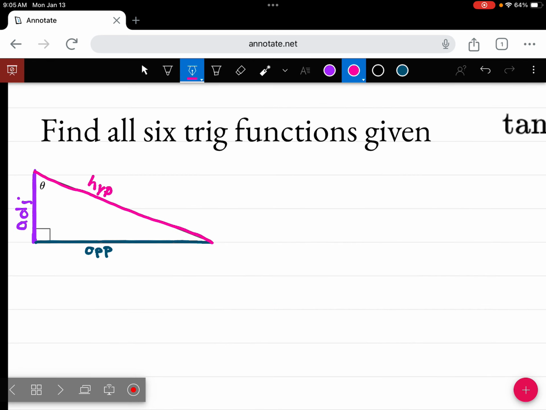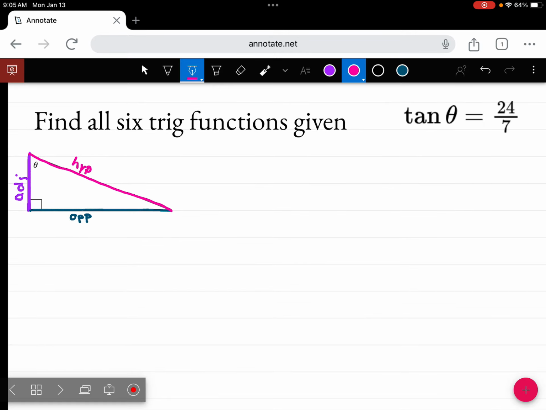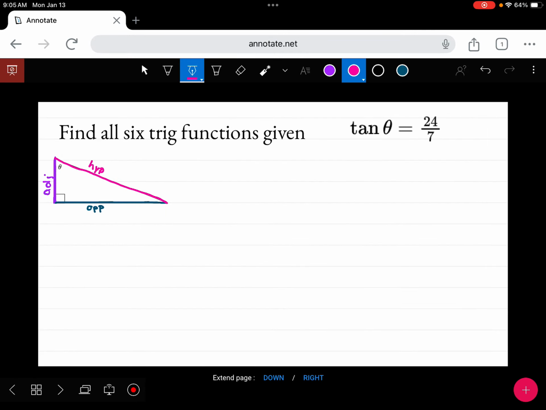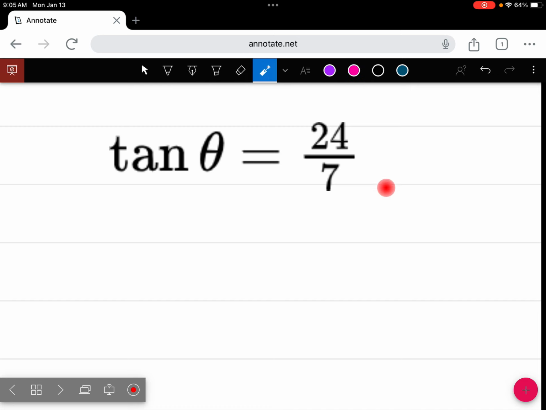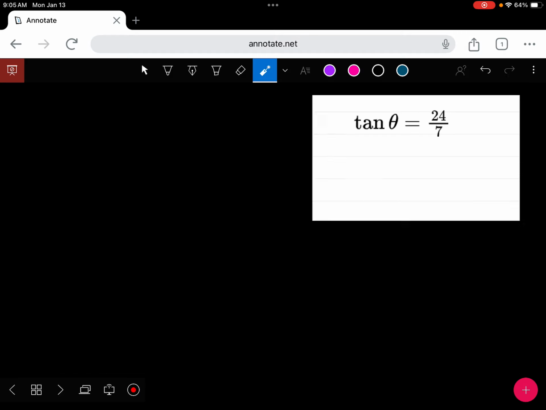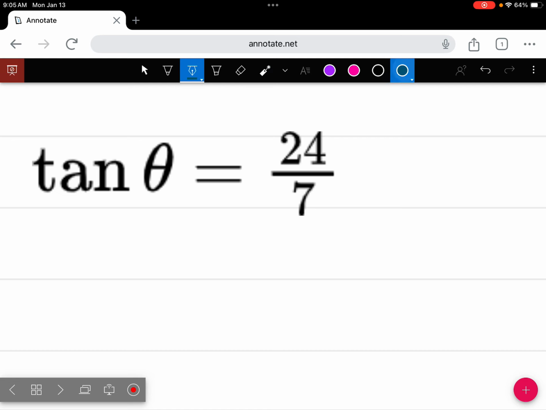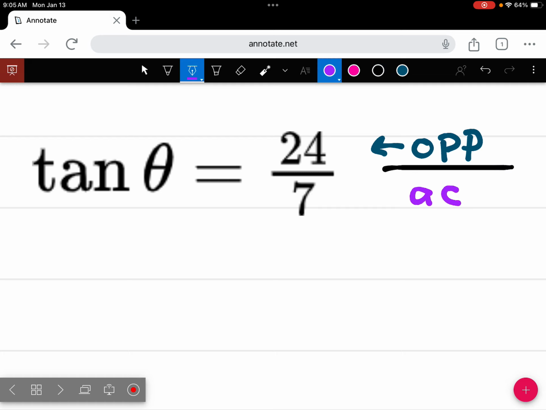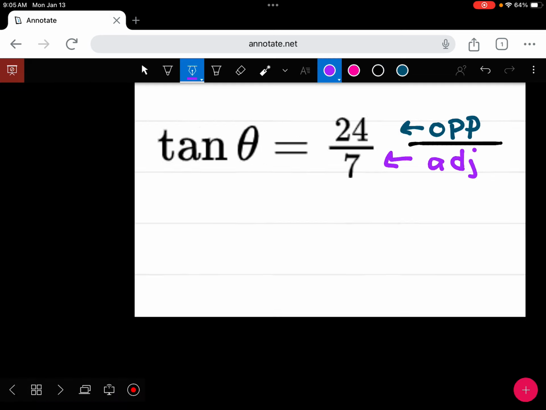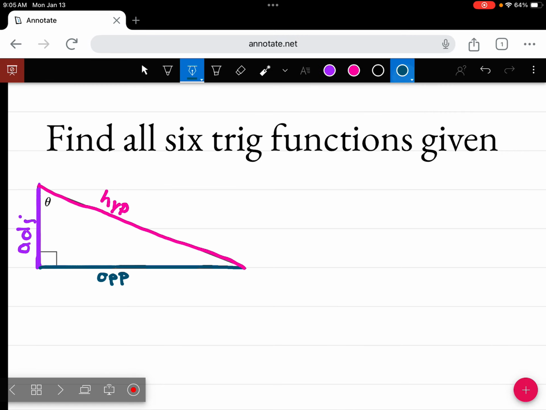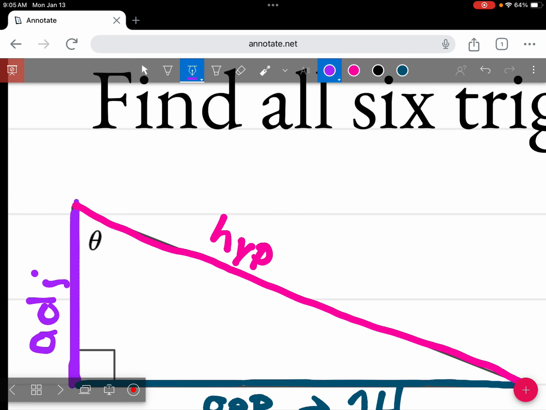So when you draw your triangle, I highly recommend that you think through those pieces before we start looking at the numbers. Because tangent is made of which pieces? Opposite and adjacent. Yeah, remember SOHCAHTOA. TOA, opposite over adjacent. So this is our opposite over our adjacent. So the opposite side has a measurement of 24. So this is 24. And our adjacent side is 7.